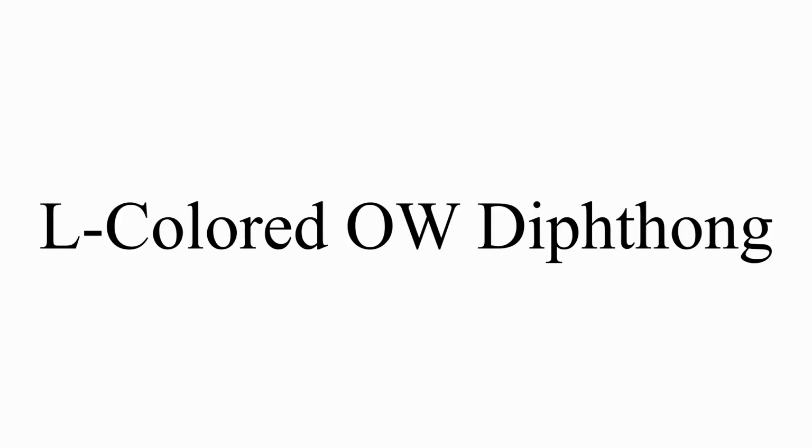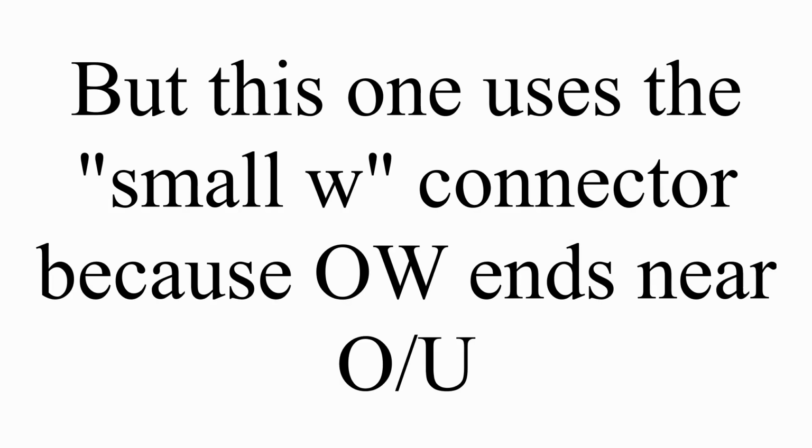And lastly, the L-colored ow diphthong. This one is also optional, but instead of the small y connector, we will be using the small w connector between the diphthong and the L sound.